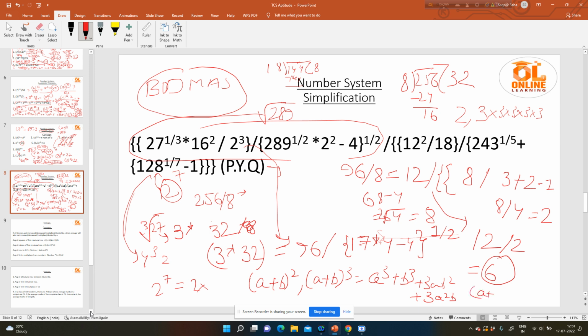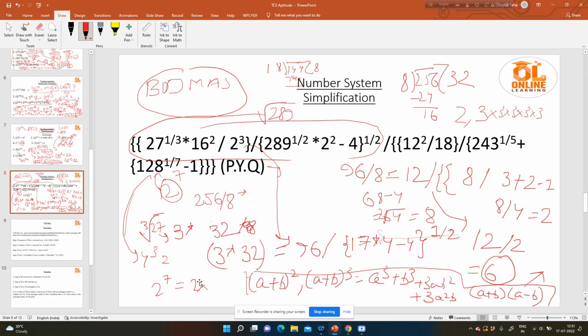Then a formula like a plus b into a minus b. Please learn this type of formulas, because you can get direct questions from them, like a plus b square, a minus b square, a plus b cube, a minus b cube, a plus b into a minus b. Please learn these formulas, because you could get questions from this also.